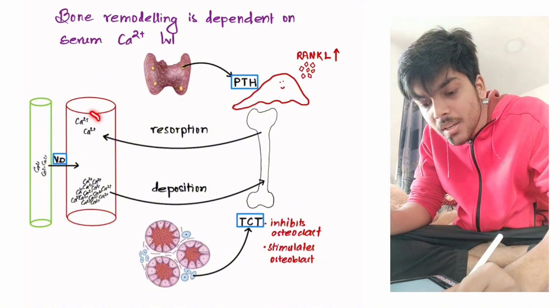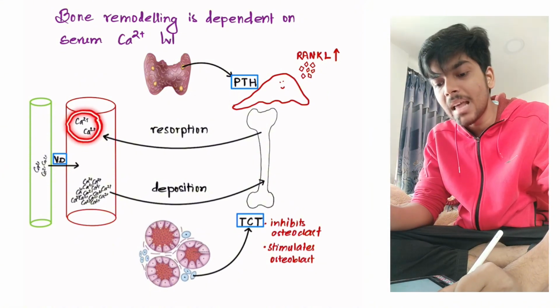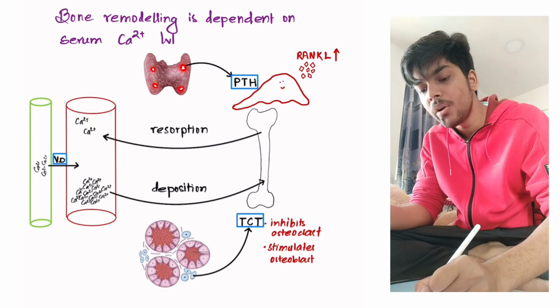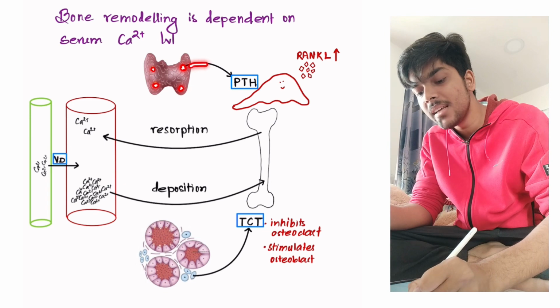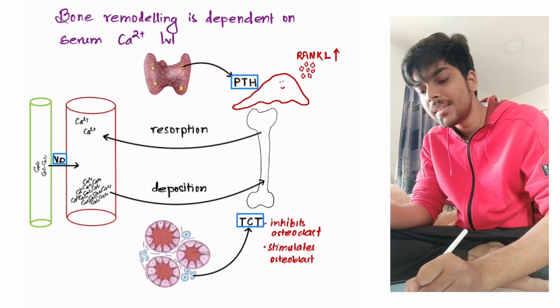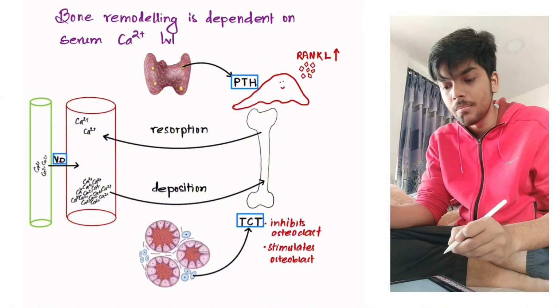So in the first condition, the calcium level is below normal. In that condition, the parathyroid gland starts secreting parathormone. The parathormone signals the osteoblast cells to increase the release of RANKL.